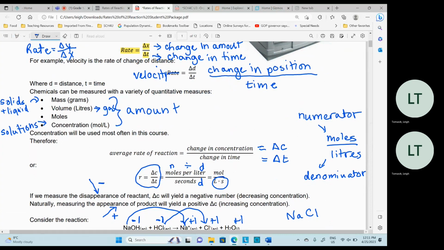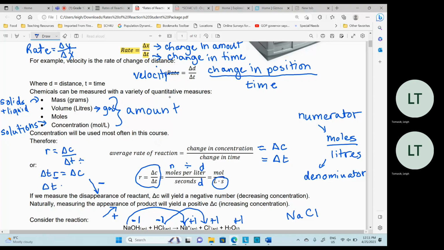R equals delta C over delta T. This is being divided, so we multiply it on the other side: delta T times R equals delta C. Then we isolate the T, so it's division on the other side.